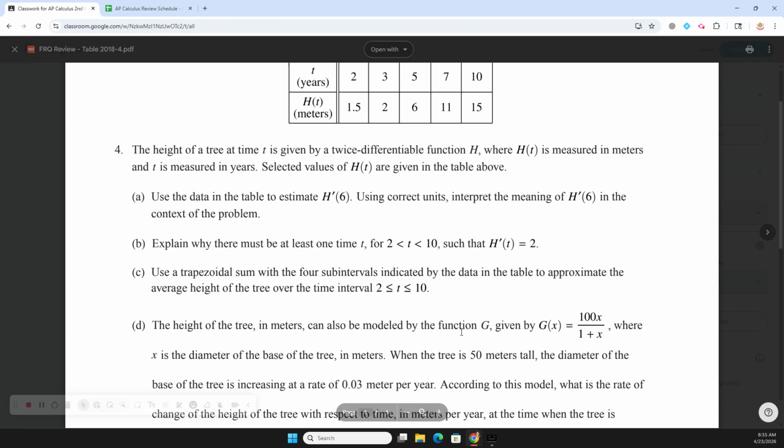All right, and then part C, we're going to use a trapezoidal sum with 4 intervals indicated by the data in the table to approximate the average height of the tree over the interval from 2 to 10.